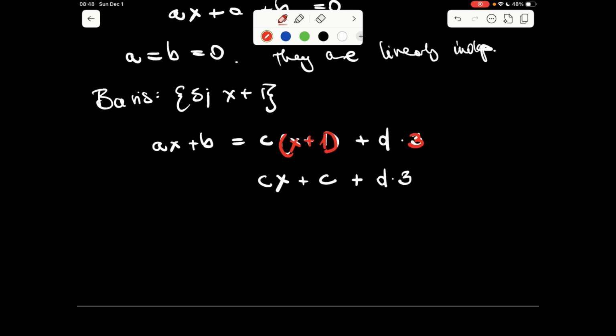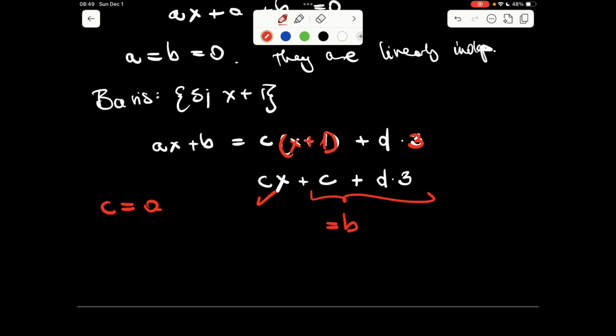By choosing c equaling a, we have completed the first part of the problem. So this part of the problem is solved, but we need to find a c and a d which equals b.